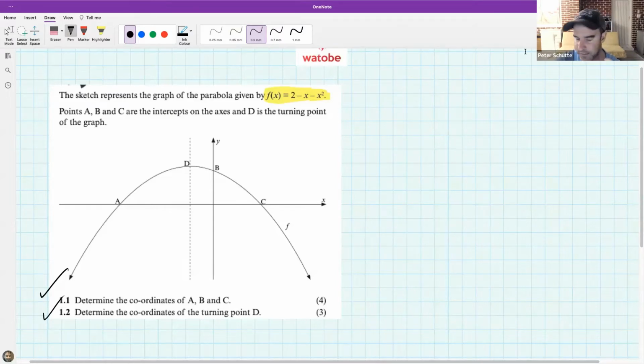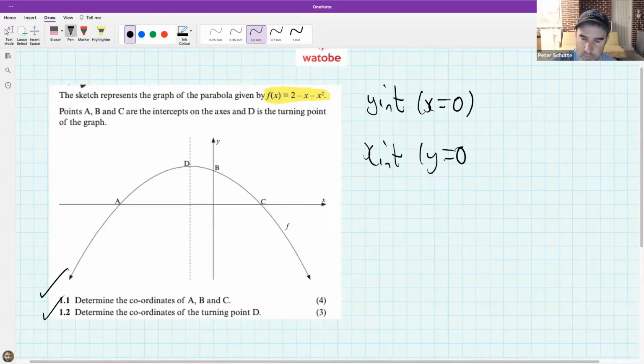If you need some hints, you can put your question in the chat or raise your hand. But I really want to go straight into what we did in the last units. I will give you these tips: to find the y-intercept, you make x 0. To find the x-intercept, you make y 0.